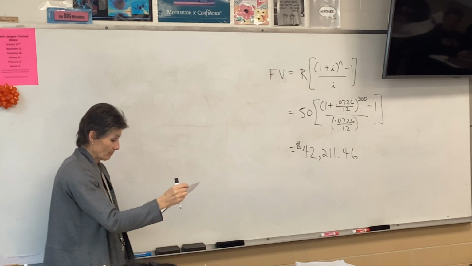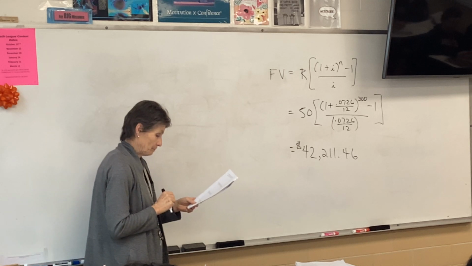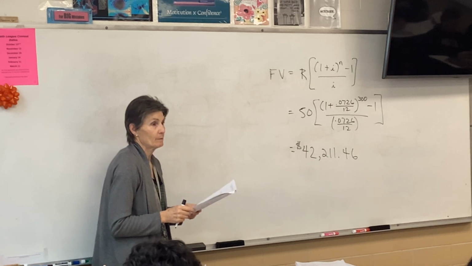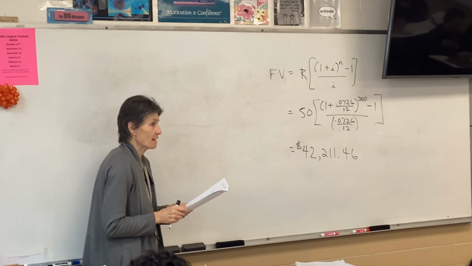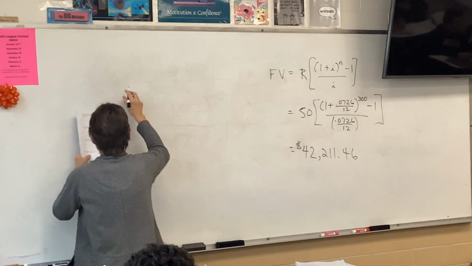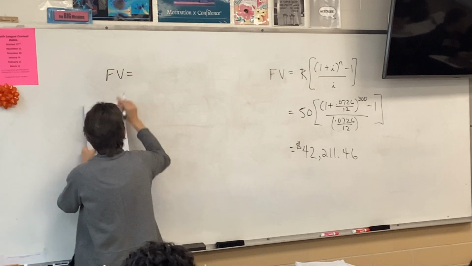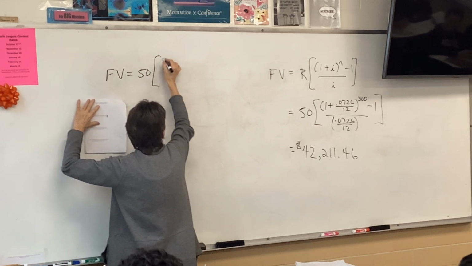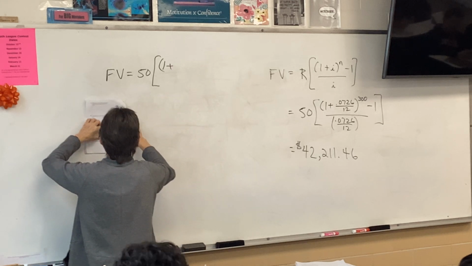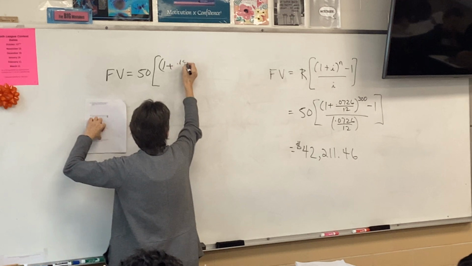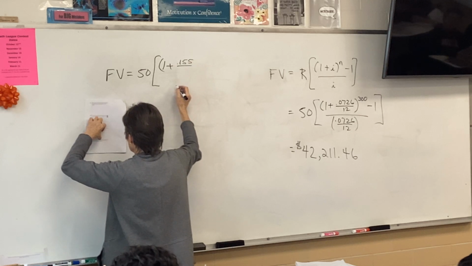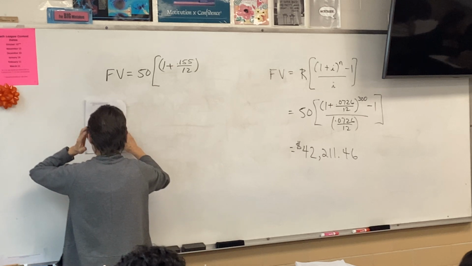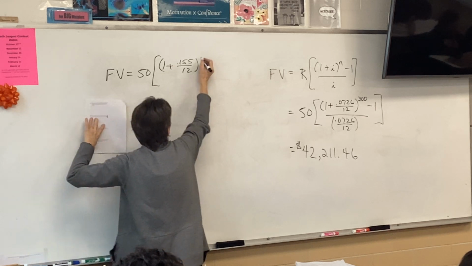All right, one more. What do you think for number 15? Same formula? And I'm looking for that value. I'm going to invest $50 a month. The interest rate is 0.155. That is a pretty significant interest rate. What's my N? 20 years, 240?